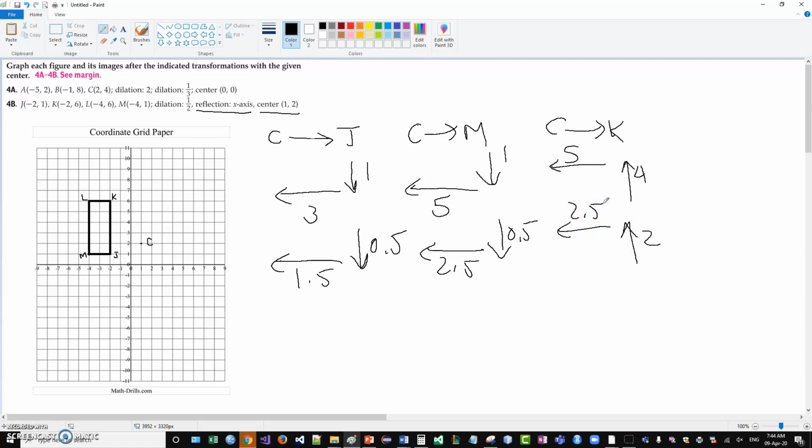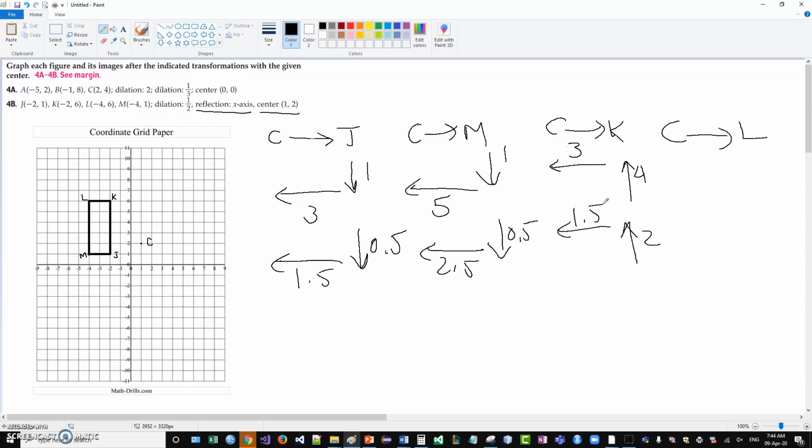Last one, from C to L. Sorry, right here, from C to K, we're going left just 3, so that will be 1.5.